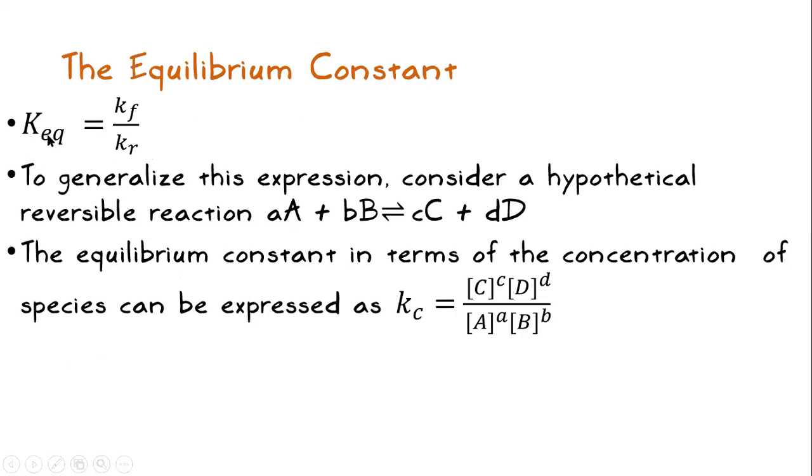So we write it as K equilibrium is K forward over K reverse. So generally, to generalize, if you have any equation, let's say 2 moles of A plus 3 moles of B gives us 4 moles of C plus 5 moles of D. If you are to calculate or write an expression for the equilibrium constant, then that equilibrium constant Kc will be equal to, we just write down what you see at the right side, the concentrations.